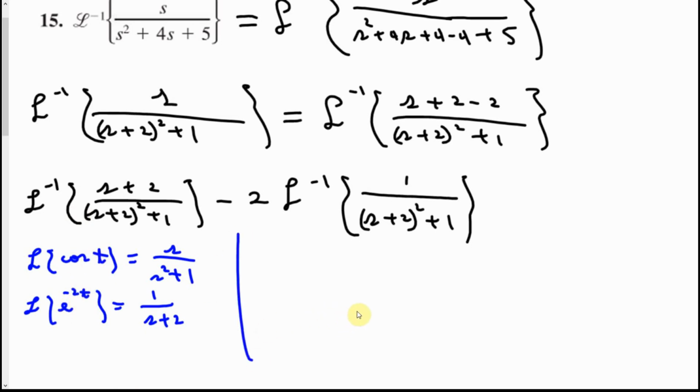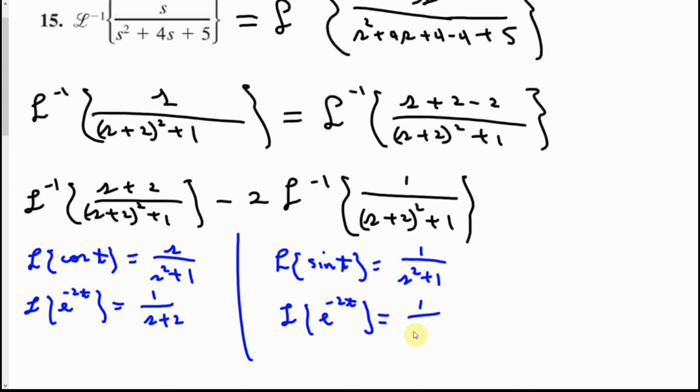And you come over here, and what do you see? For this, there's no s in the numerator, so there we're thinking about a sine. So the Laplace transform of sine t is equal to 1 over s squared plus 1. And then you also see that translation, the Laplace transform of e to the negative 2t.